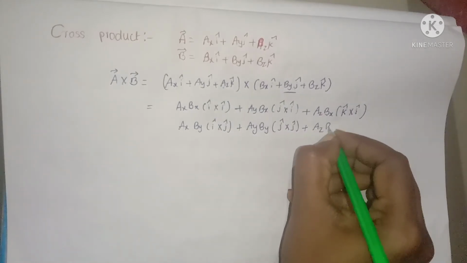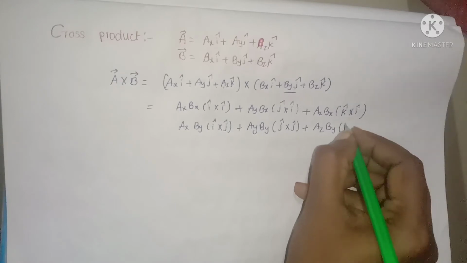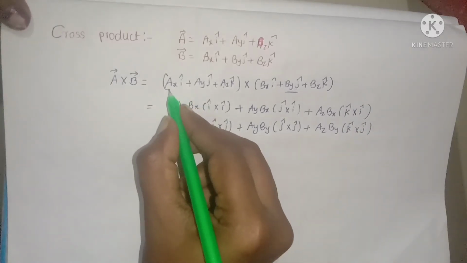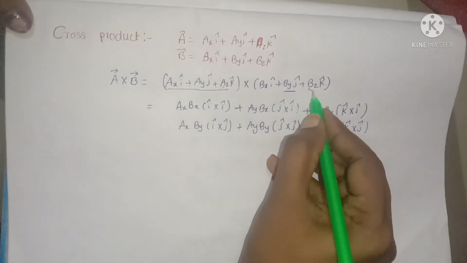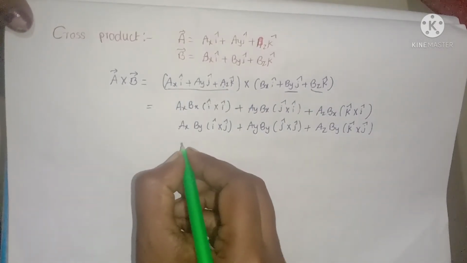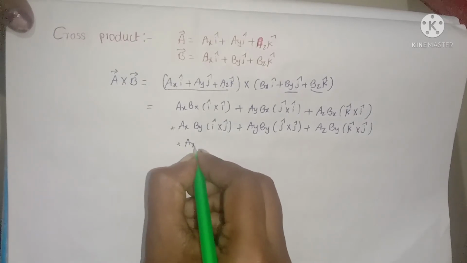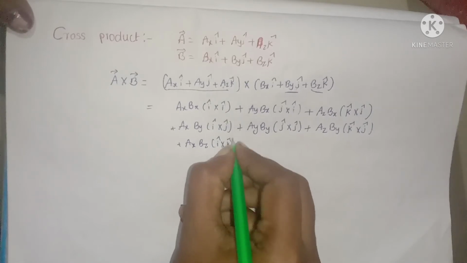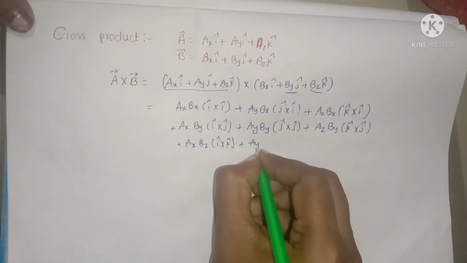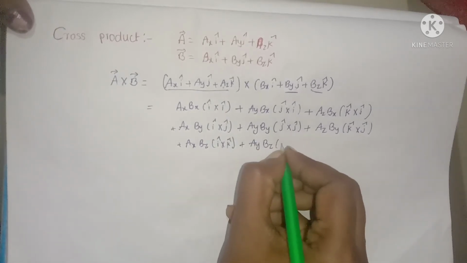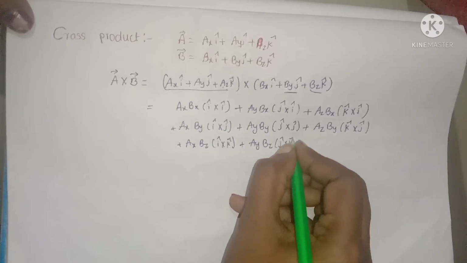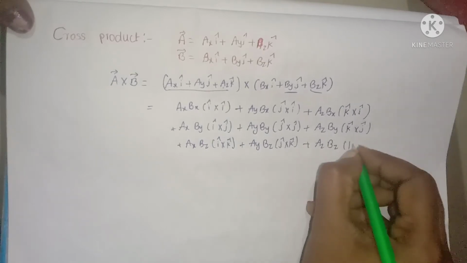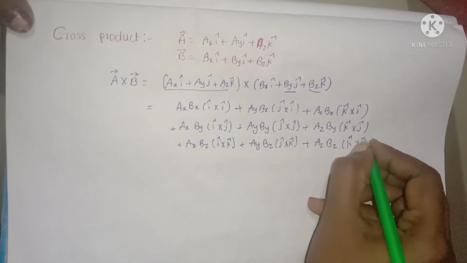So az by, here the unit vector is k and here the unit vector is j. Same like now this one is multiplied with bz. So here ax bz i cap cross k cap plus ay bz j cross k cap plus az bz k cross k.